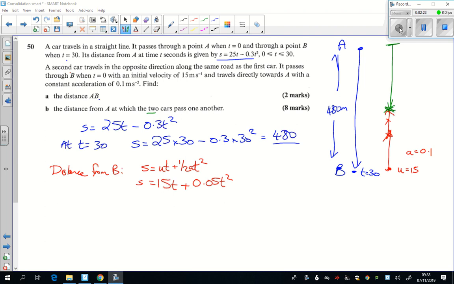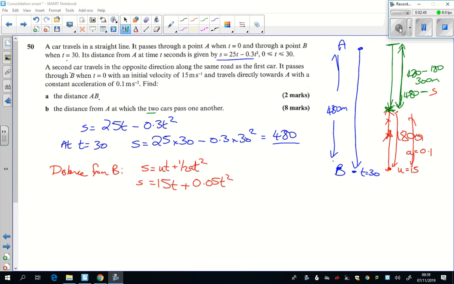If you knew that that distance there happened to be 180 meters, you could figure out what this distance here was, couldn't you? Because you know the whole thing's 480. So this would be 480 take 180. So that would be 300 meters. So this distance here is 480 take away this distance here.